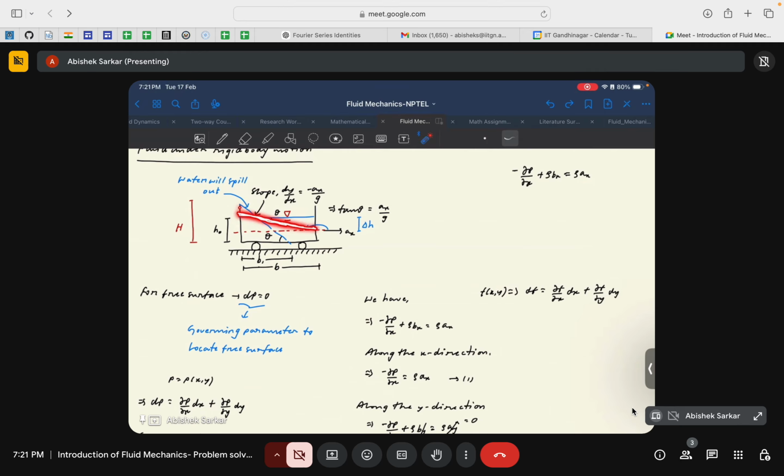Now if this proceeds further, and the free surface obtains this kind of shape, then there is a chance that the fluid might spill out.